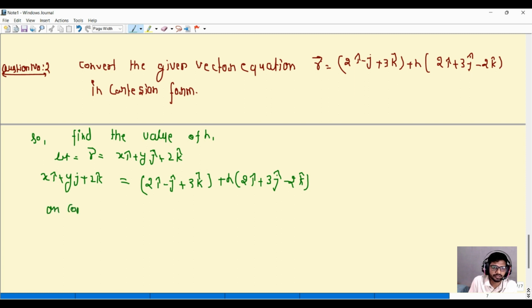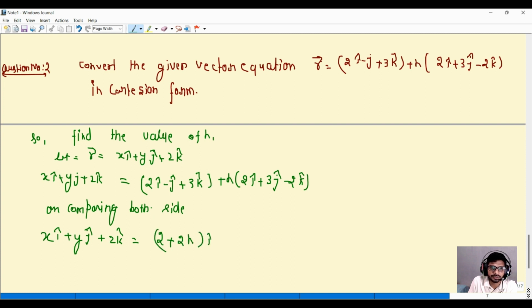So what will be the answer on comparing both sides? xi, yj, zk equals 2 plus 2 lambda i, plus minus 1 plus 3 lambda j. Minus 1 is from there and 3 lambda is from there. Plus 3 minus 2 lambda k.